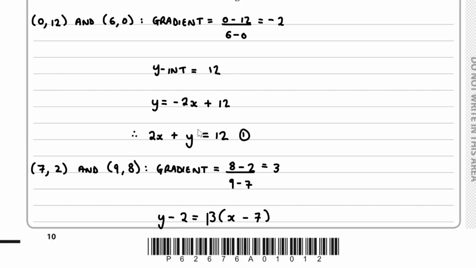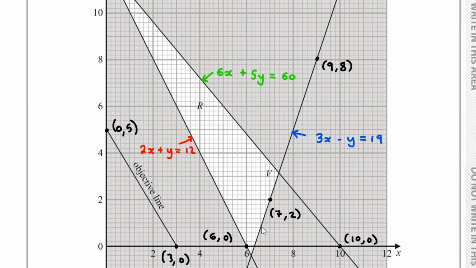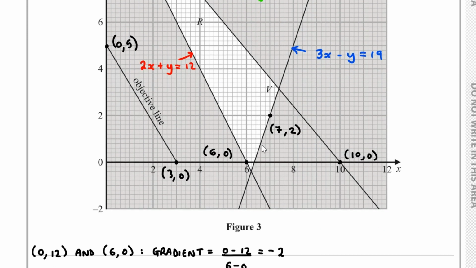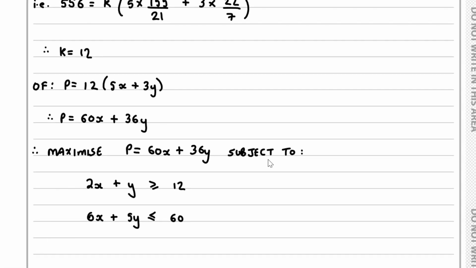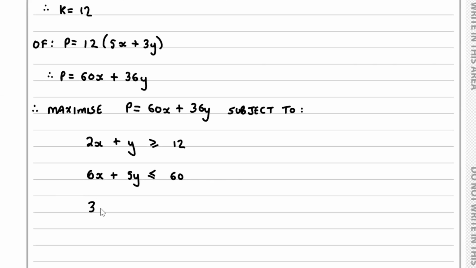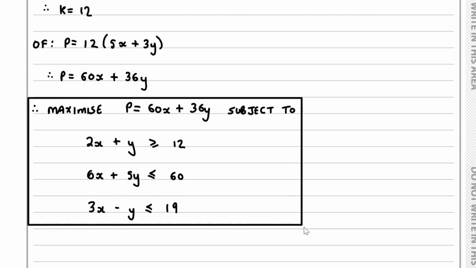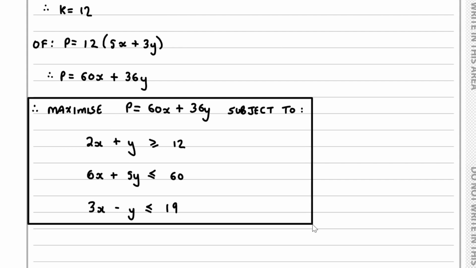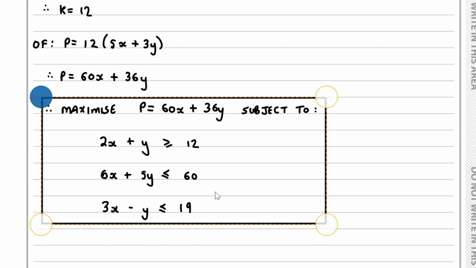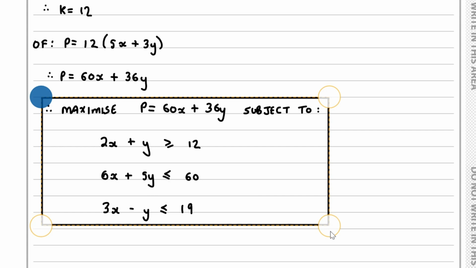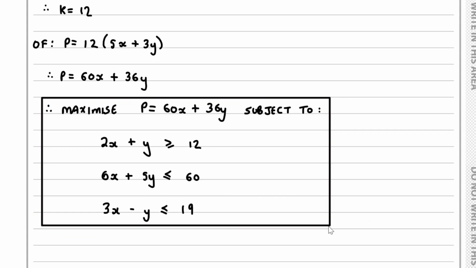And then if we consider the other one, we want everything above the line. So here we've got 3x minus y being less than or equal to 19. So let's just box all this. These are our constraints. So this is our final answer.